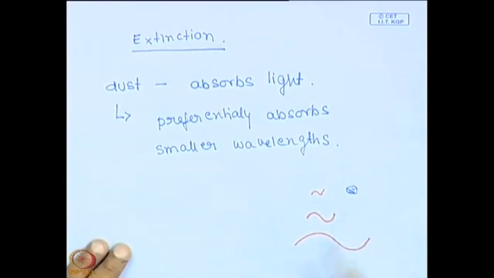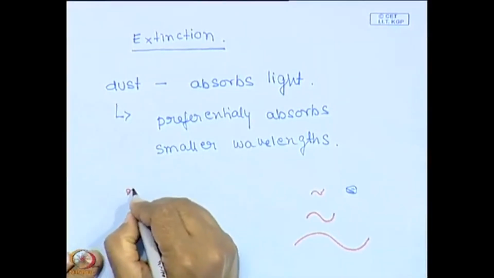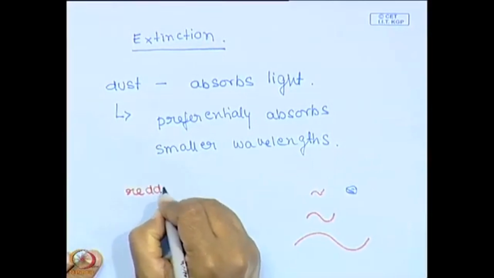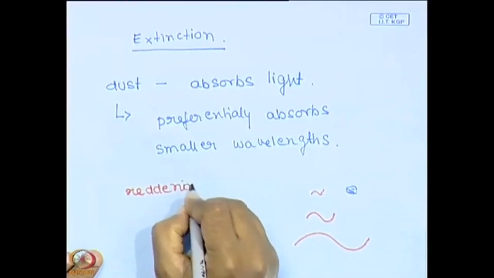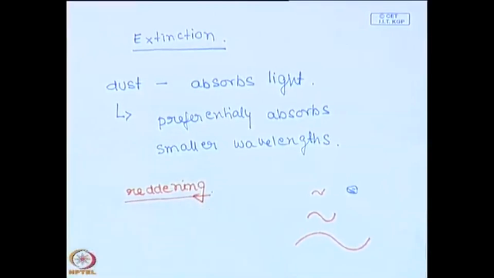So, dust is very effective in absorbing high frequency or small wavelength light. It does not affect the redder light as much. Okay, it does affect it. So, what dust will do is it also causes reddening. It will make the radiation appear redder.